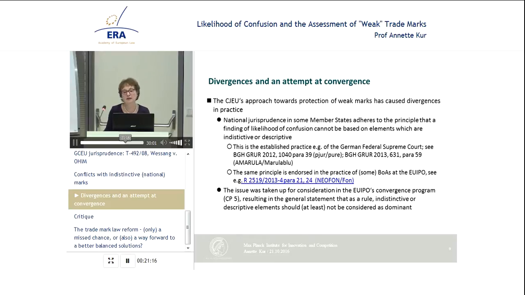For instance, in Germany, there is standing practice of the court that if there is just a coincidence of indistinctive elements of a compound sign, then no likelihood of confusion can be found. And also in some of the boards of appeal at the office, this practice seems to be taken up.